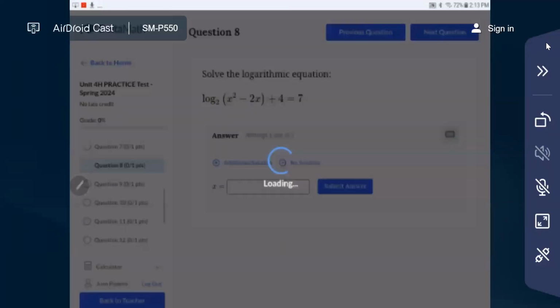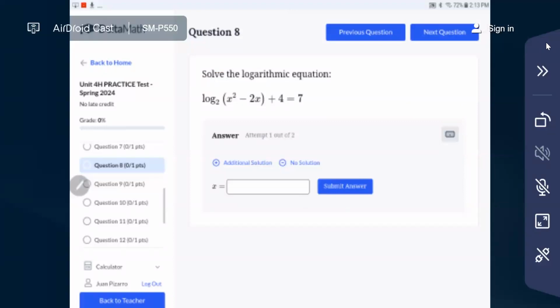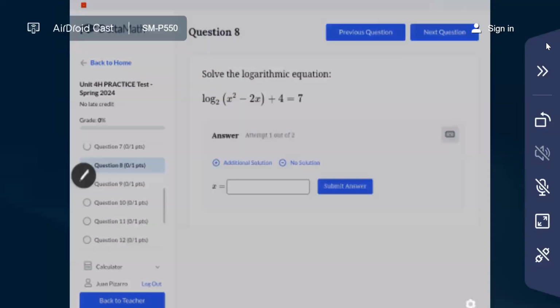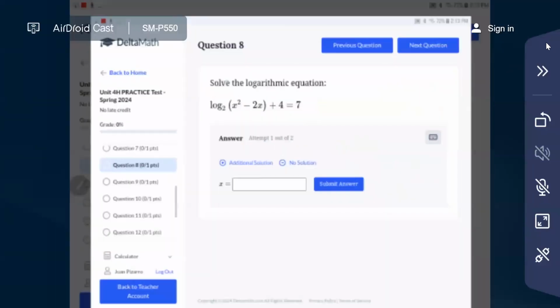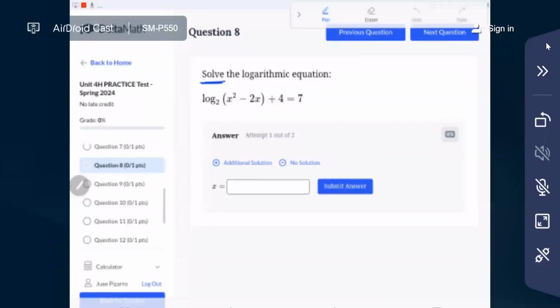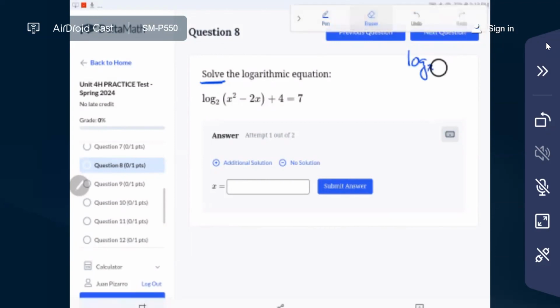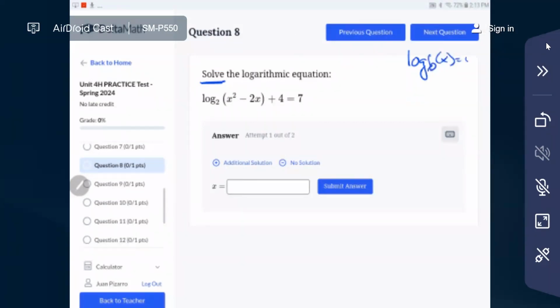All right, on to number 8. So now we need to solve this. We're going to use the idea that log base b of x equals y changes to b to the y equals x.